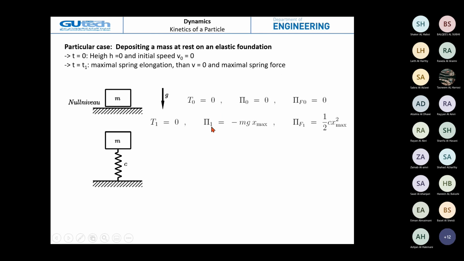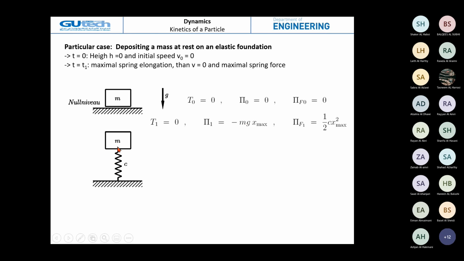In this case, P1 will be minus mg x max. If we cut here, that means the spring will elongate by x max. If we take the zero level here, the mass m will cover this elongation x max, and it will be negative as the zero level is somewhere here.